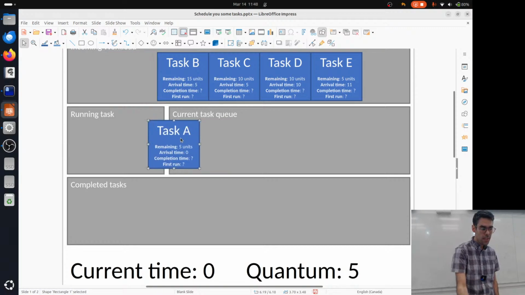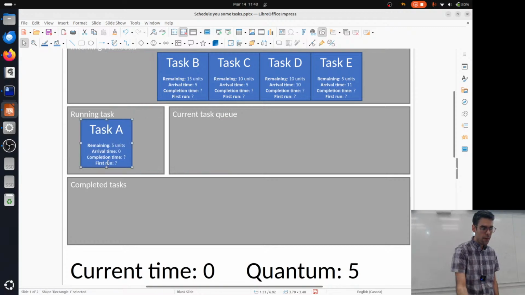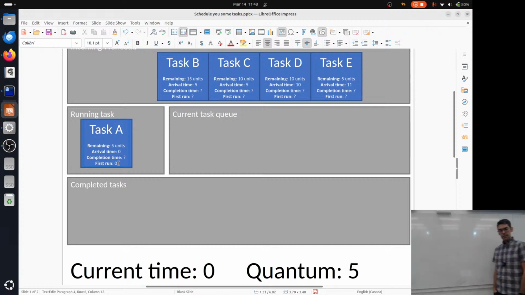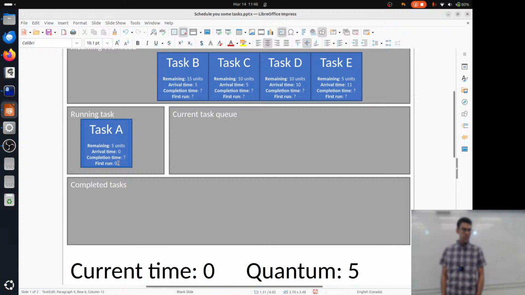So I'm going to take task A and move it from the current task queue and stick it onto the running task. And I'm going to change its first run from question mark to 0 in my system to keep track of that. Does that look the same as everybody else's right now? Okay, awesome.